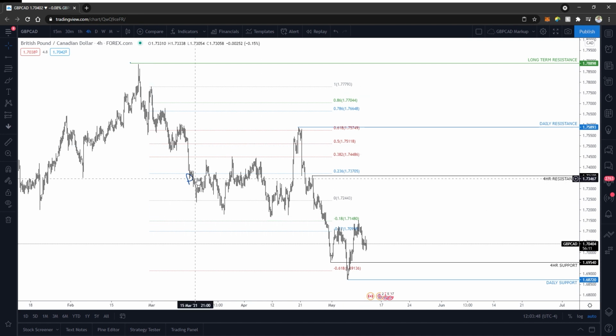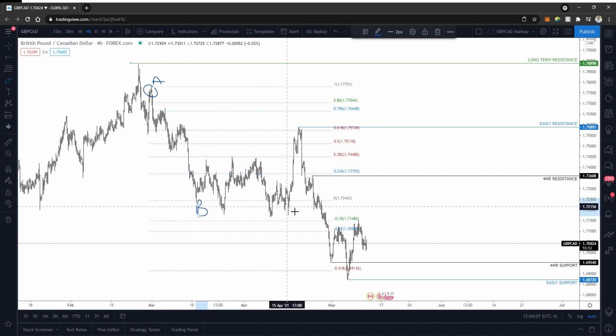Okay. So I measured from C, which becomes my new A. So this would be A, right? This right here, A. Then my swing low is here. This is B. Price peeked through and tested this low several times, but then it eventually pulled back up to the 618.